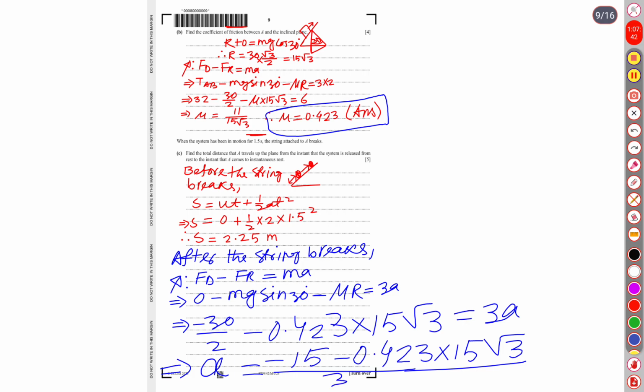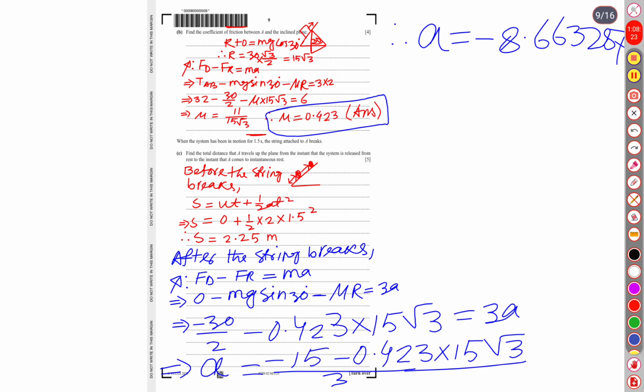Hence our acceleration is equal to negative 8.6632832887. We have taken many more digits after the decimal so that we get a more appropriate result.